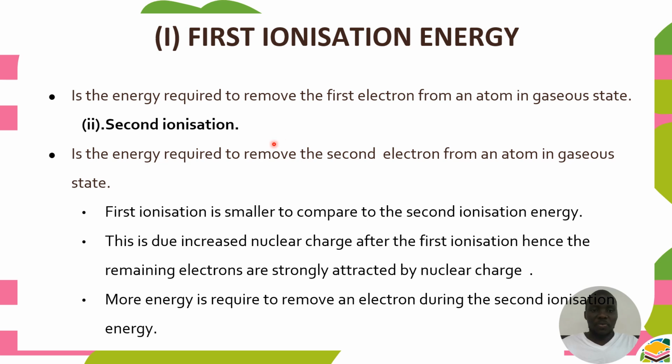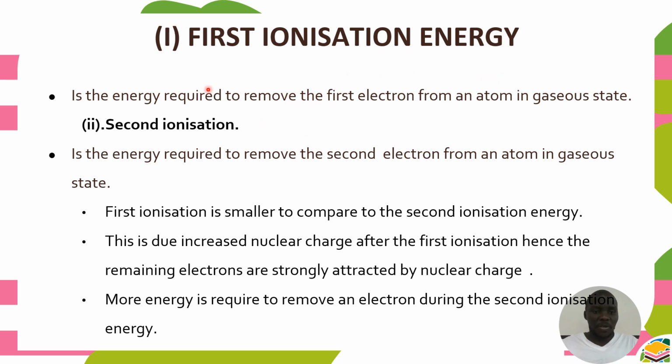But one thing that we need to keep in mind is that if we remove 1 electron from an atom which is in gaseous state, that process is known as first ionization energy. If we remove the second one, it's known as second ionization energy. We can keep on doing that until all the valence electrons are removed. For this lesson, we'll only focus on the first 2.